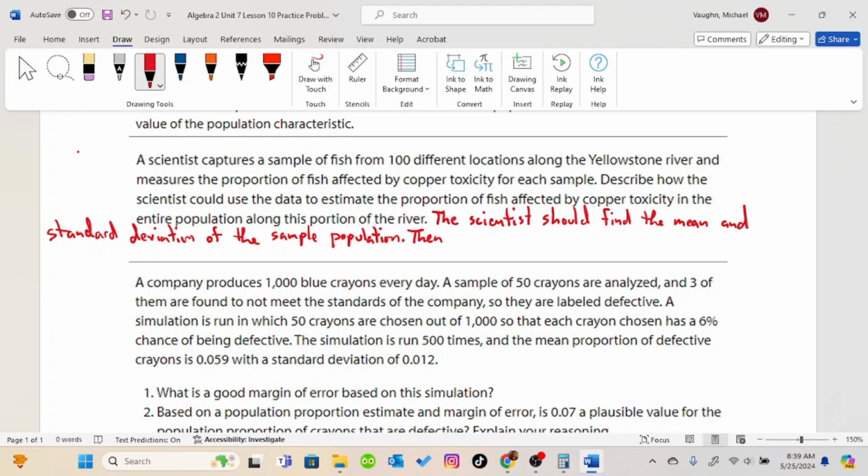Then multiply the standard deviation by 2 to find the margin of error.